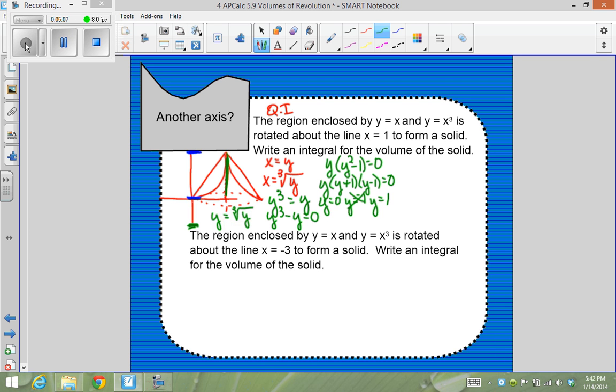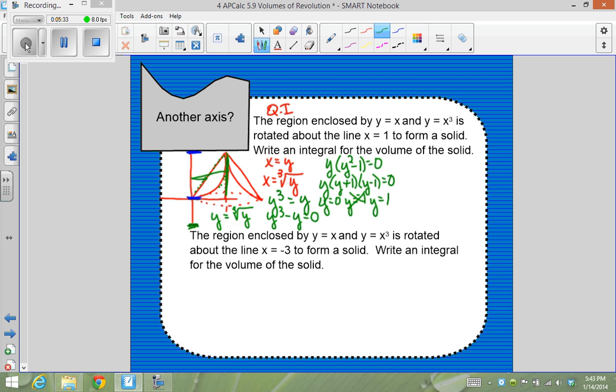All right, so what I'm doing then is looking at going around this axis. When you're going around an axis other than the X or Y, you need to always think about going back to the X or Y axis and then coming back again. This right here is your outside rotation. And so we're going to want that solid minus the inside rotation right in through here. So we go all the way back to the Y axis.